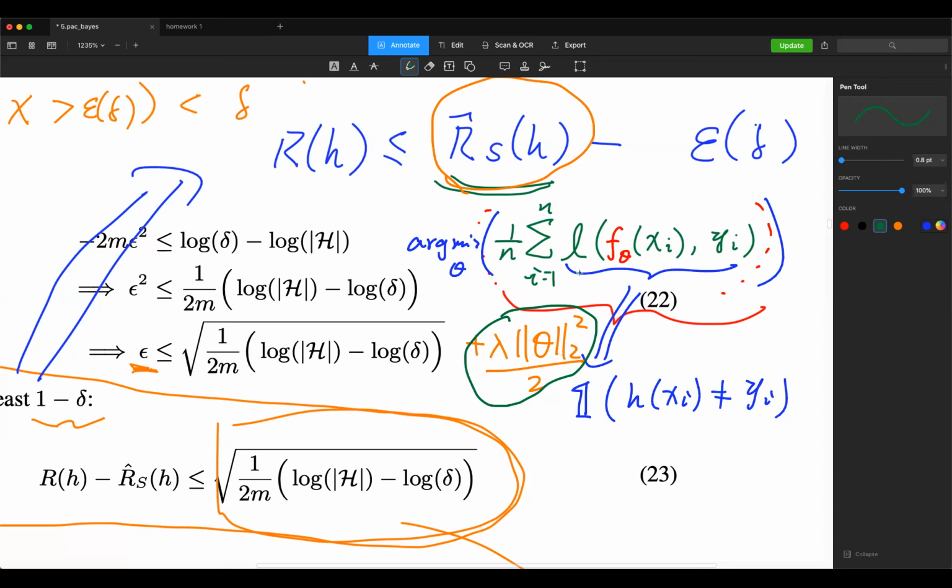Okay, so here comes a bit of the magic, right? Just imagine this bounding quantity here is also a function of h. Then what?